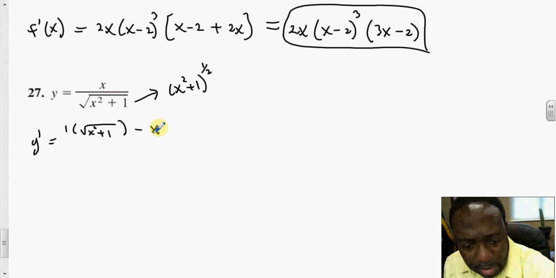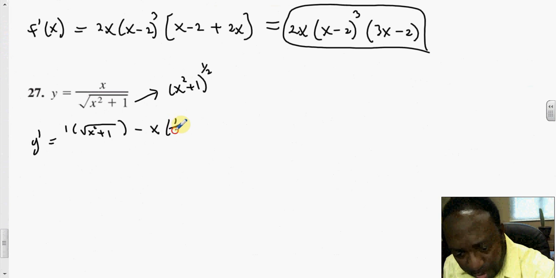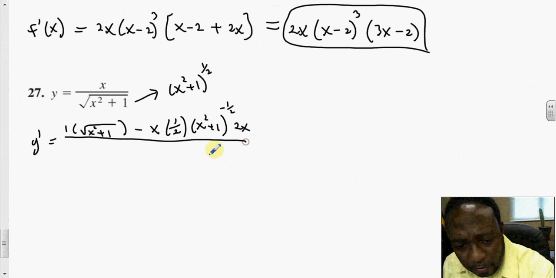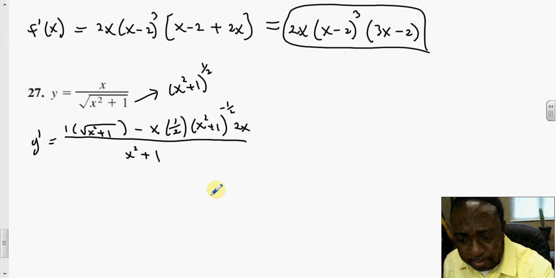A lot of d's going on. So this is 1/2 times x squared plus 1 to the negative 1/2, that is 1/2 minus 1, times the derivative, this is the chain rule, of x squared plus 1, which is 2x, all over our denominator squared, which just leaves us with x squared plus 1.